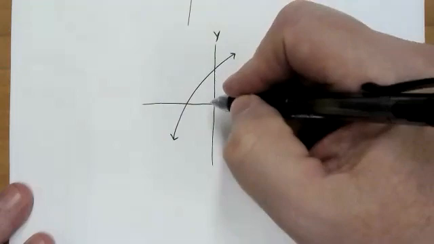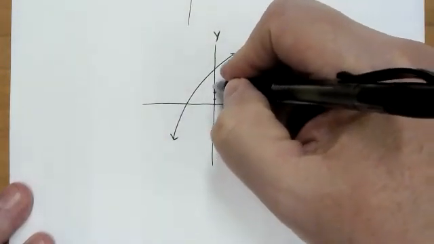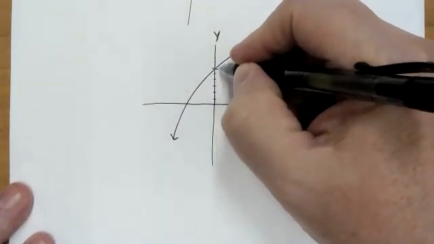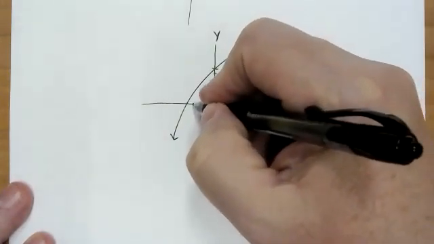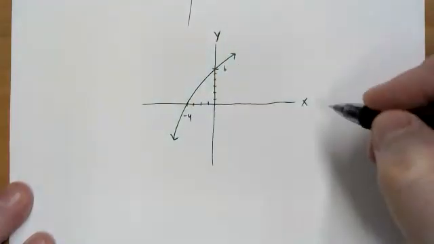Here's a line on a graph, and say that's 6, and we've got -4.